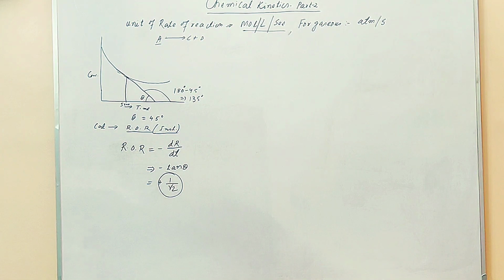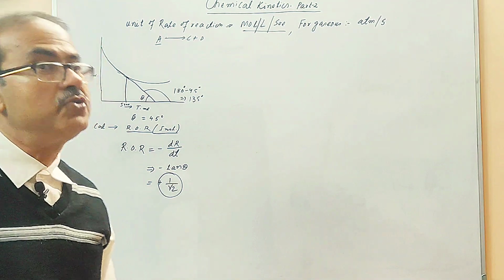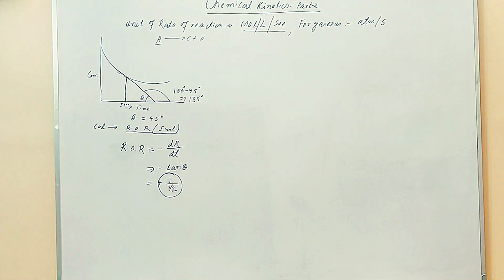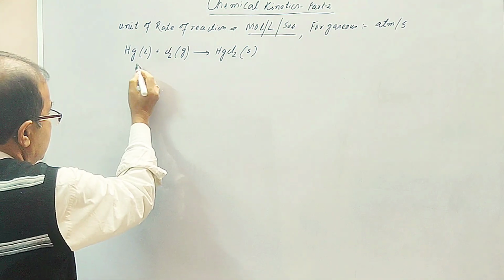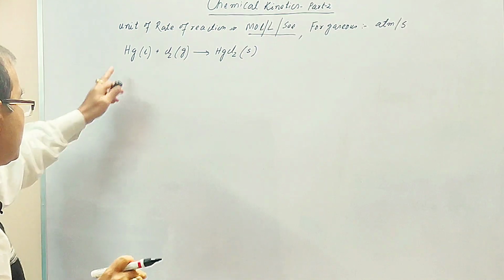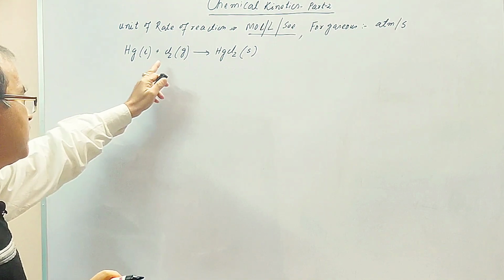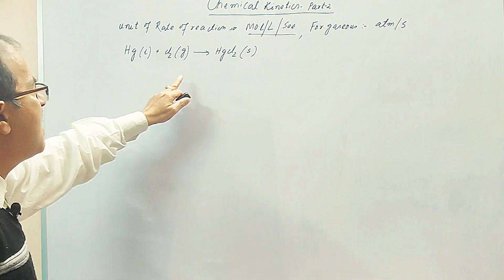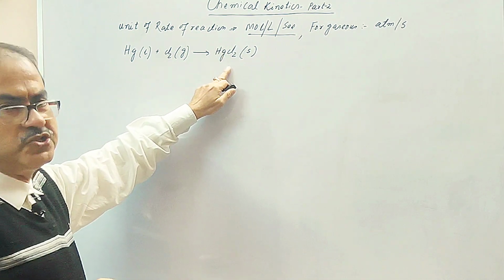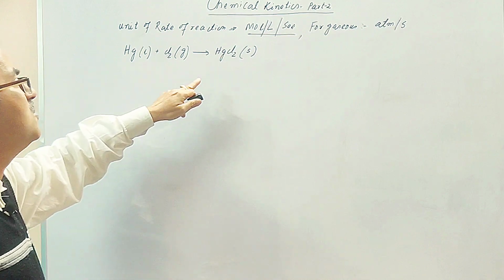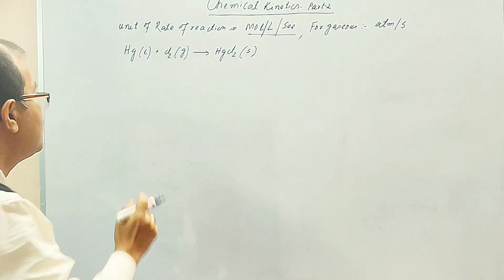For this reaction, how do we write the rate of reaction? Here you can see the rate of disappearance of Ag, the rate of disappearance of chlorine, and the rate of appearance, that is formation, of AgCl2 are almost the same.